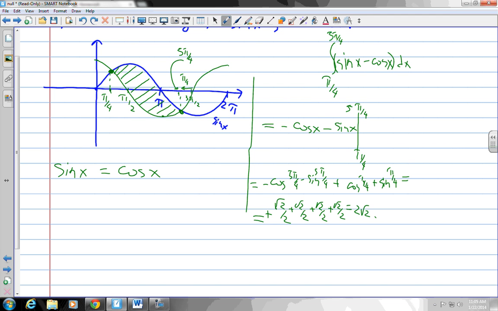Yeah, that's better. So that's 4 of those, right? So 4 root 2 over 2. So just 2 root 2. This wasn't good.